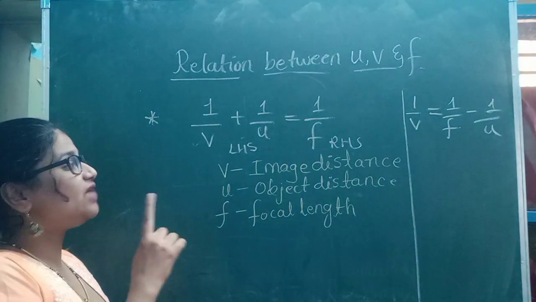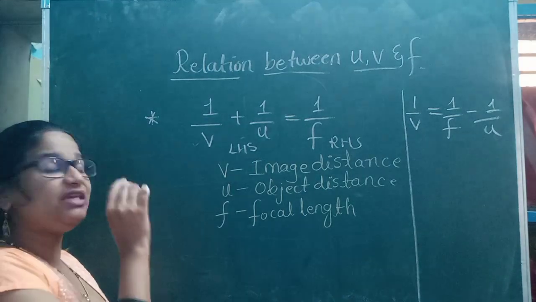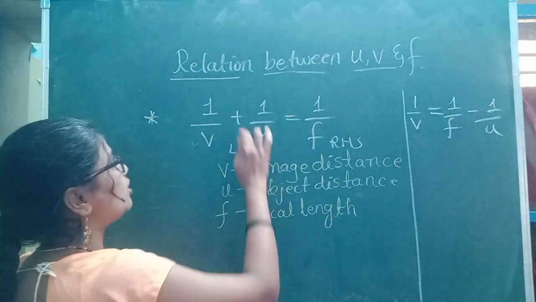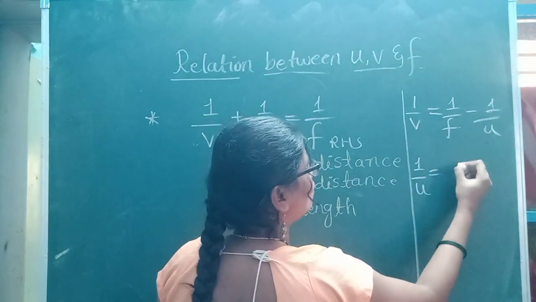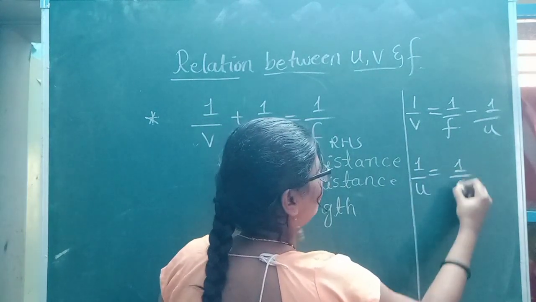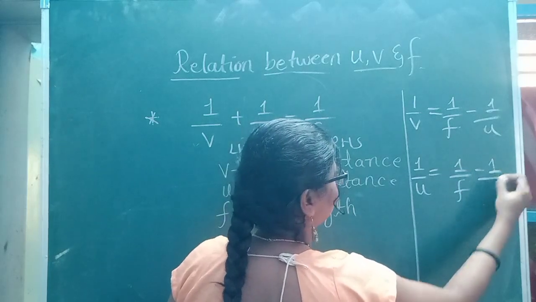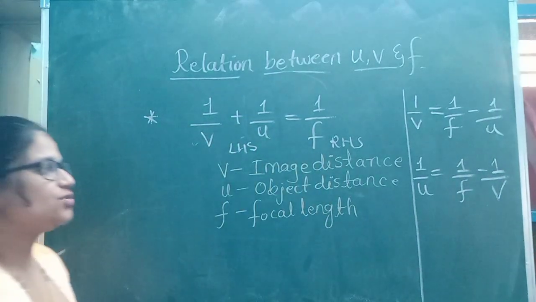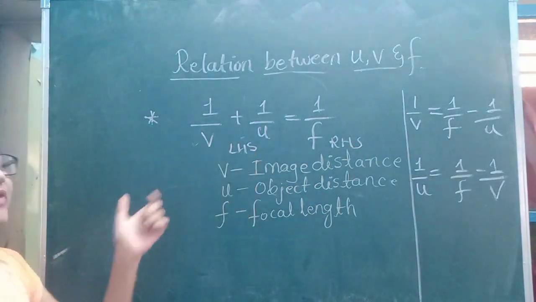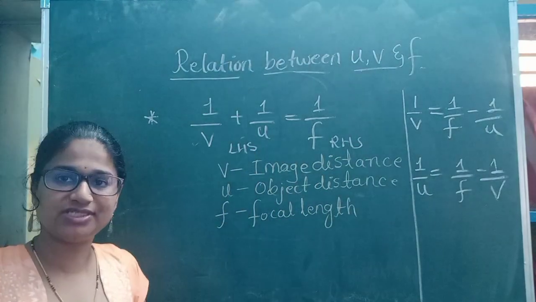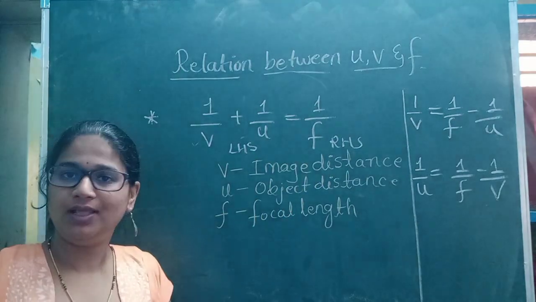This is when we have to get the image distance. If you want the object distance, 1 by u is equal to 1 by f minus 1 by v. So these are the two mathematical operations by using which we can find object distance, image distance as well as the focal length.